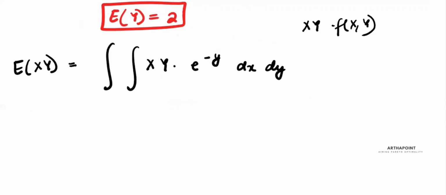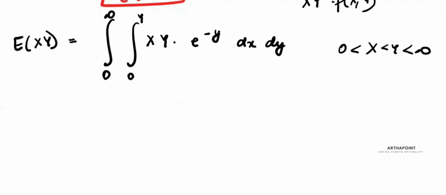So in this case, when I see this, I have x between 0 to y, and y between 0 to infinity. So I have 0 to y and I have 0 to infinity. When I solve this, I will first integrate over all values of x.